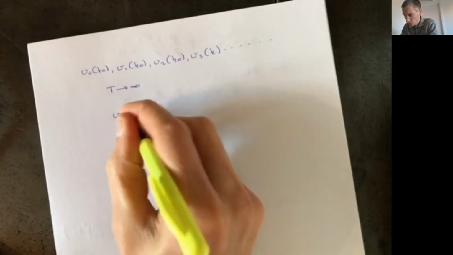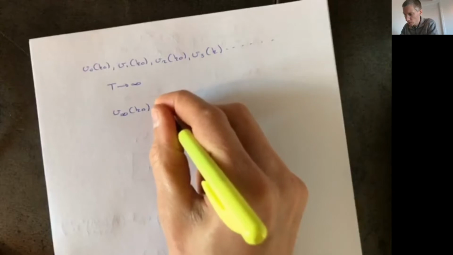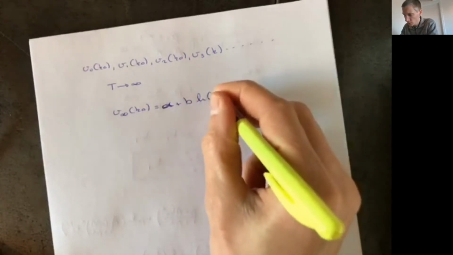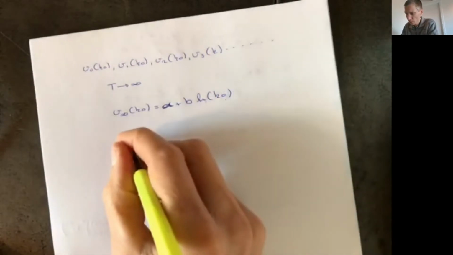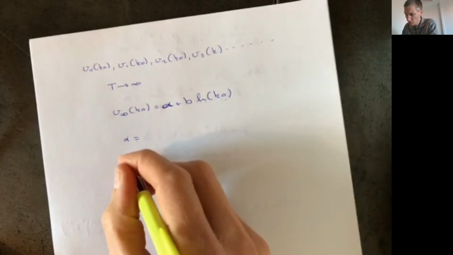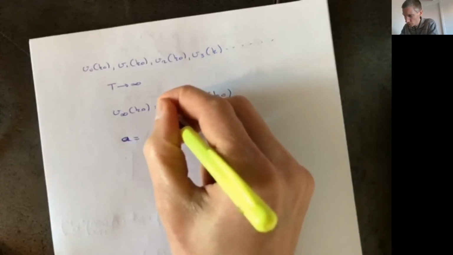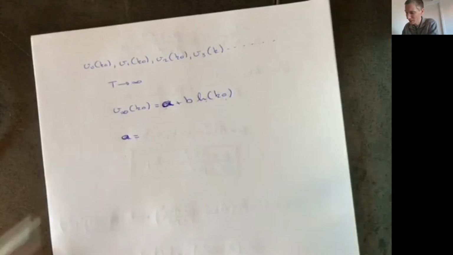So v alpha of k0, you can show that it takes the form a plus b times log k0. So it's still linear in log k0. And in the limit, this a here, which I keep on wanting to write alpha, but it's a.